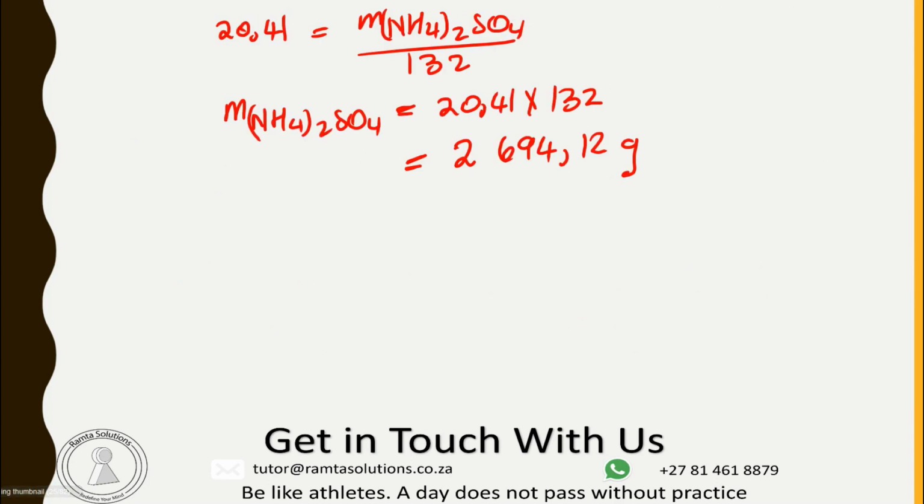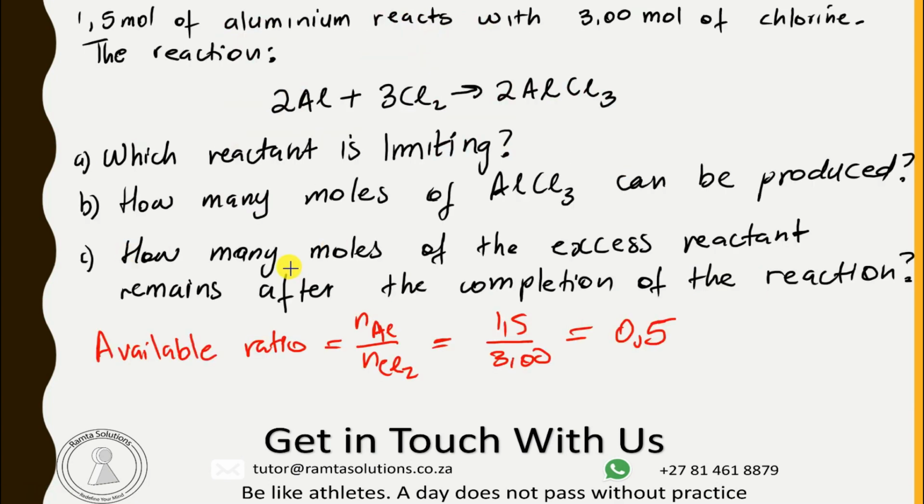Question C was saying to us, how many moles of the excess reactant remains after the completion of the reaction? Remember, when you have a limiting reactant, the other substance which is not used up completely is in excess. So we need to know how much chlorine we need to react with the 1.5 moles of aluminum.